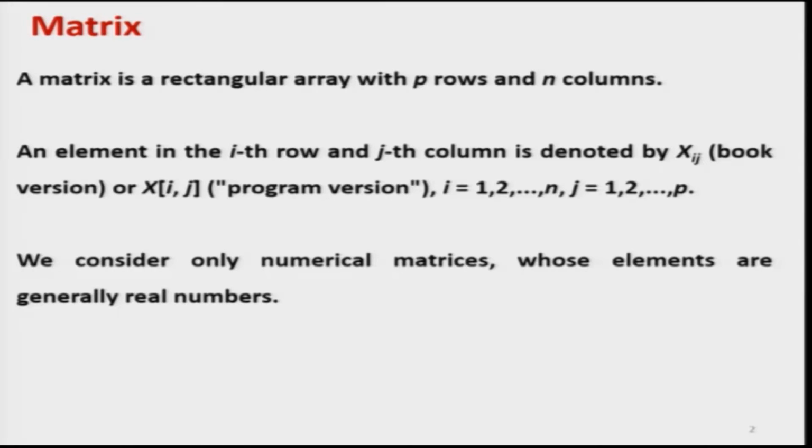If you try to see from the mathematical point of view, a matrix is simply a rectangular array which has p rows and n columns, and this will be denoted as a matrix of order p cross n.